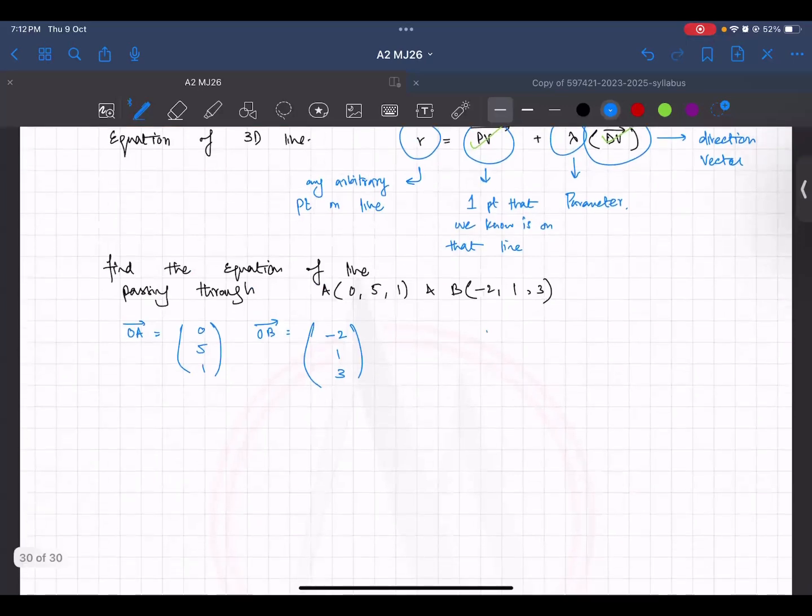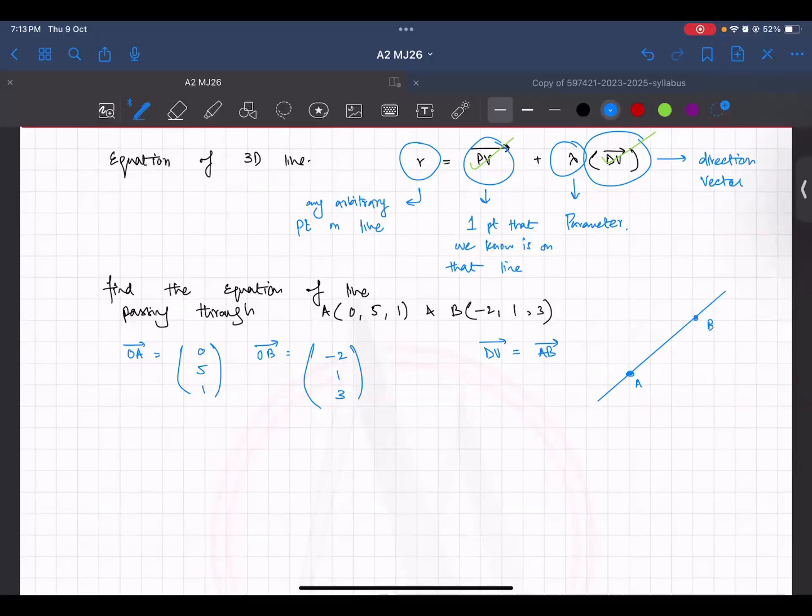The direction vector would be AB, right? If the line passes through A and B, the vector AB will be the same as the direction of the line, or you can use BA as well.